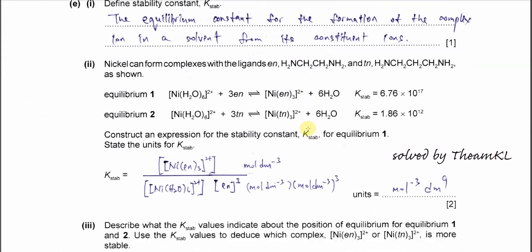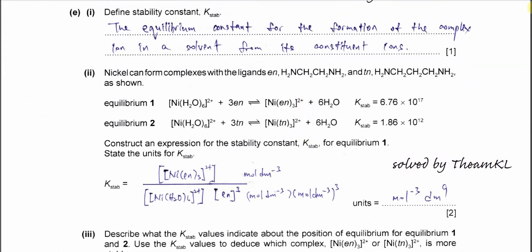Part E. Define stability constant. This one, no shortcut. You just try to remember. The equilibrium constant for the formation of the complex. Let's say now we want to form the nickel with 3en, this complex ion.